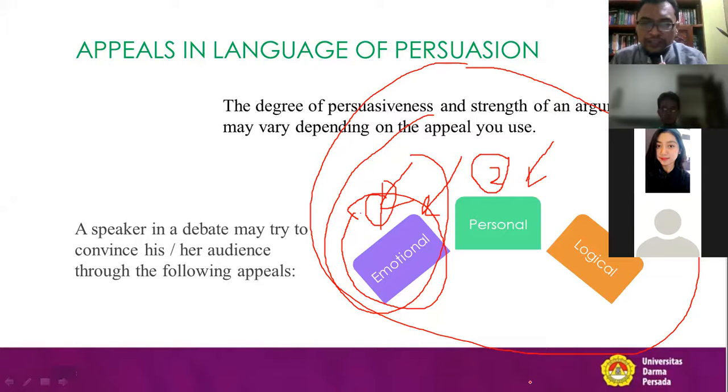That also is quite strong to improve your persuasion. And of course, the last is the logical. So your argument should be logical, and that will complete the power or the strength of your persuasion, right?